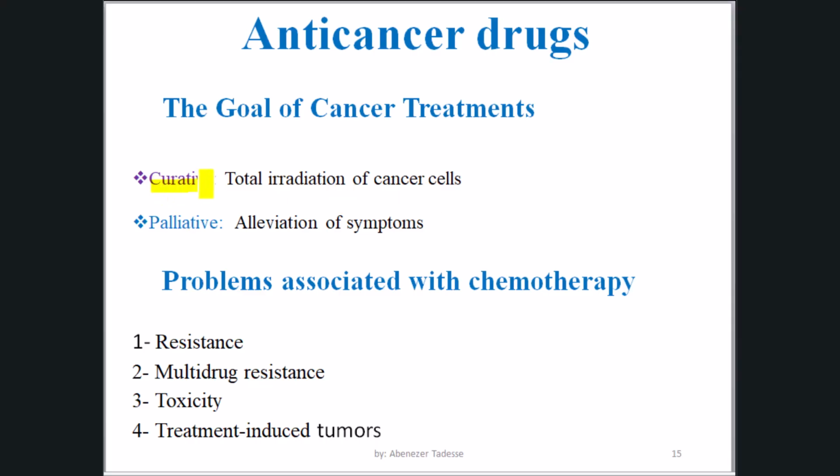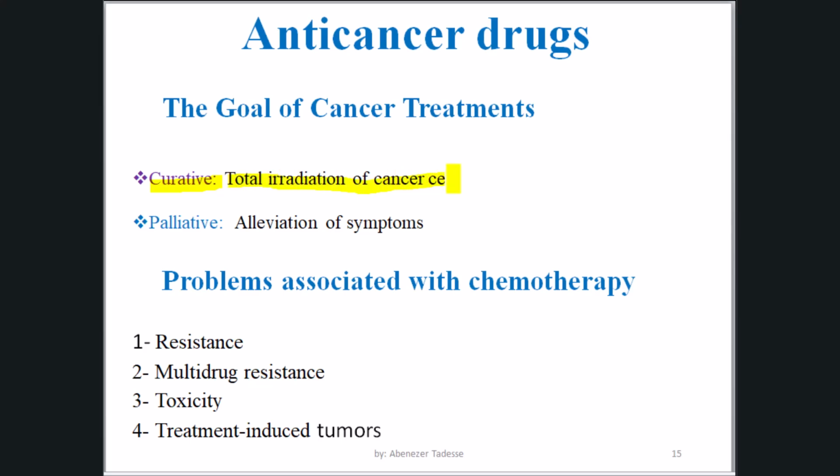That means to destroy all remnant or residual cancer within the host, to prevent a relapse, and to achieve eradication of all cancer remnants.